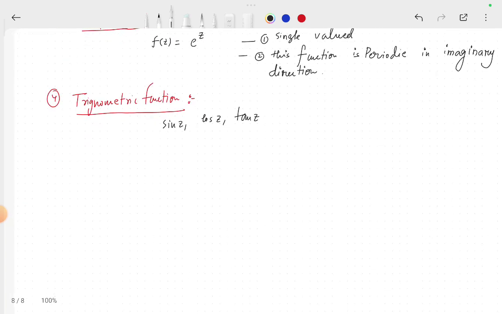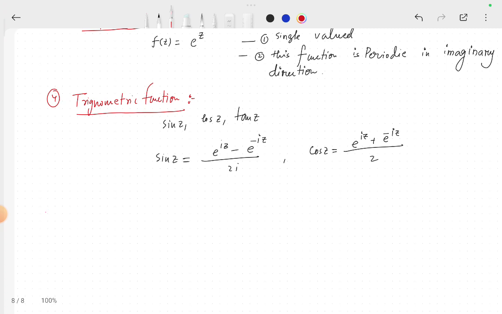For example, sin z is equal to e to the power iz minus e to the power minus iz upon 2i. Also, cos z is equal to e to the power iz plus e to the power minus iz upon 2. So these are all single valued functions.